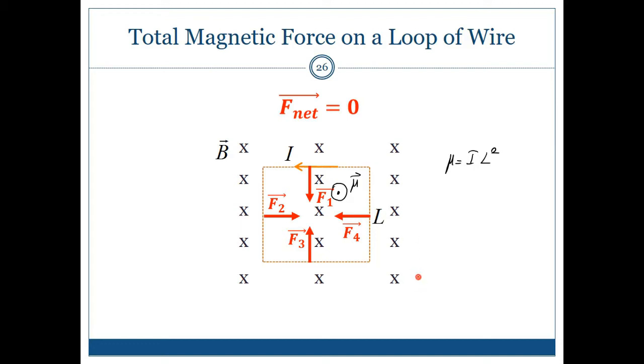Even though this was a particular result of this problem, if all of the loop is in the magnetic field, this result can be generalized for any loop of wire. Total magnetic force acting on a loop in a magnetic field is always 0, because the little segments facing one another, even if it's a circle or a square or a rectangle, will cancel each other off and you'll get a net force of 0.